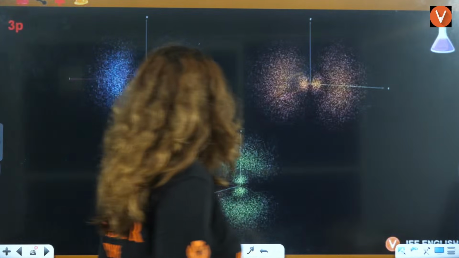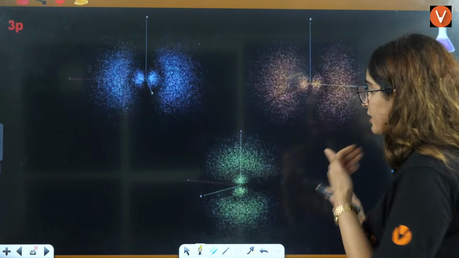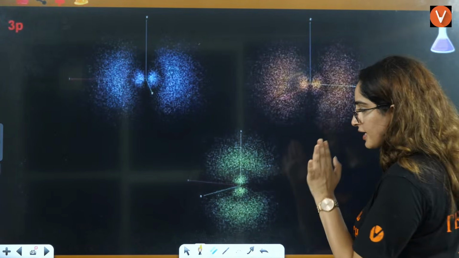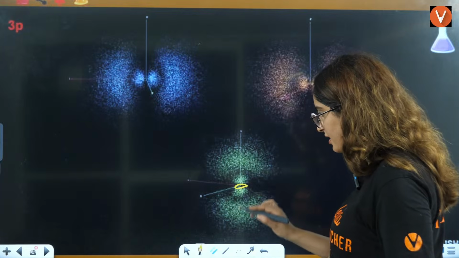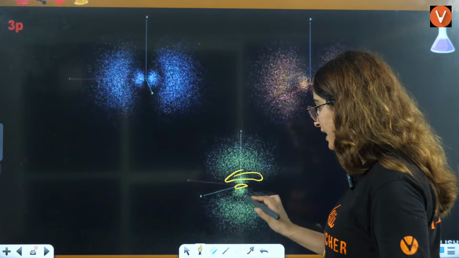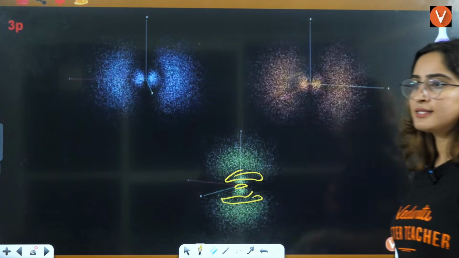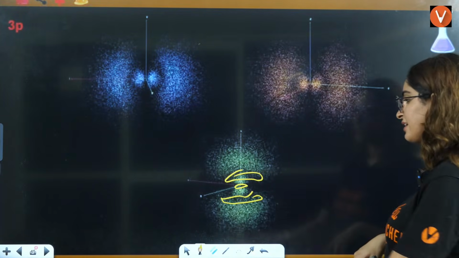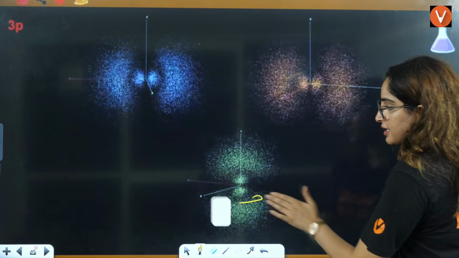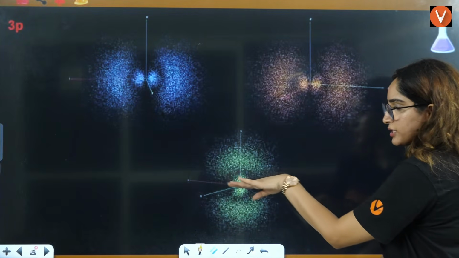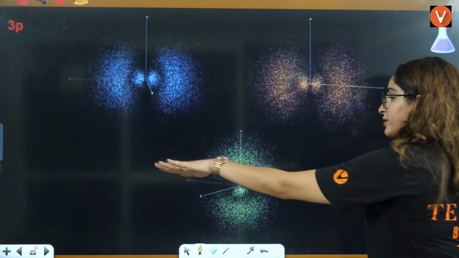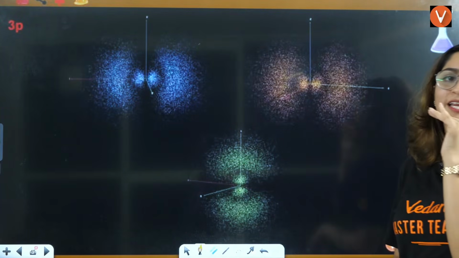This is the best example to see angular and radial nodes. Here I can see 2-3 gaps. I can see a gap over here, over here, and over here. These are the gaps that I can see. But if you pass a plane through this particular part, beyond this you will not find any electron.